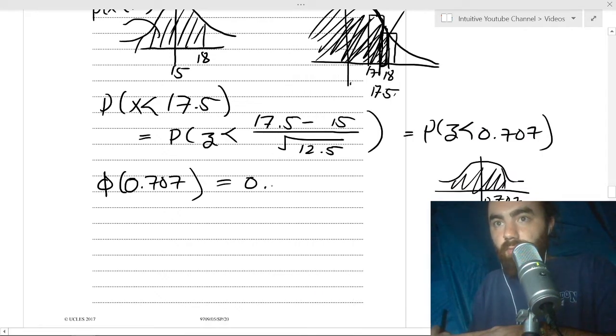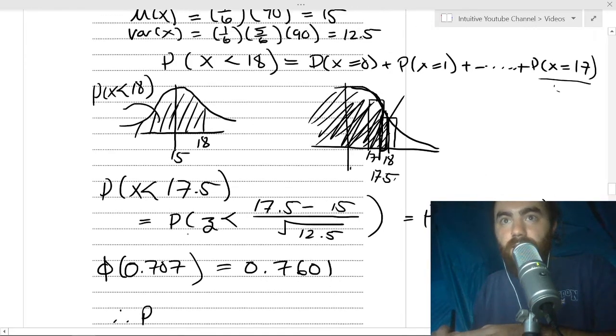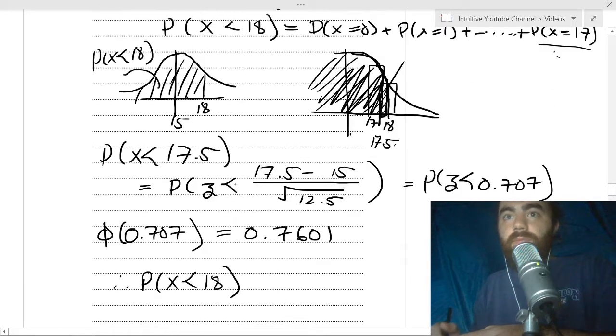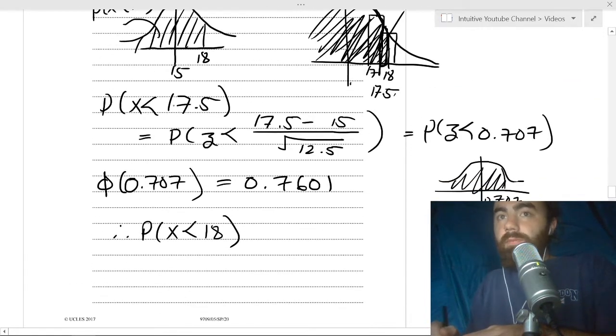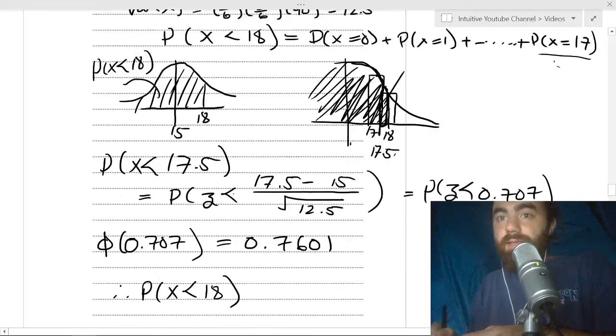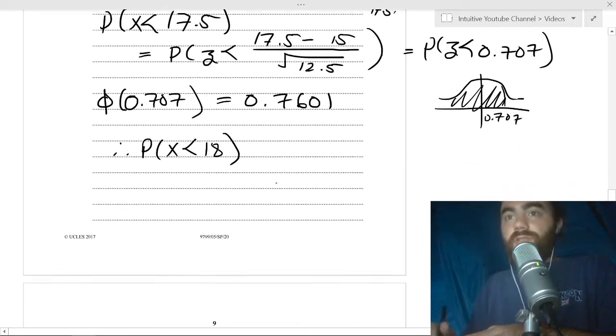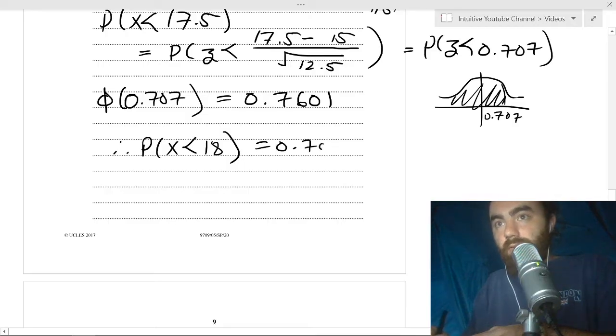So this equals 0.7601. Therefore, let's write it all out: the probability that x is less than 18, when it's a binomial distribution, is equal to 0.7601. So this is your answer.